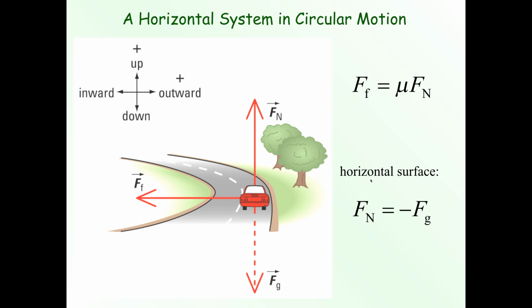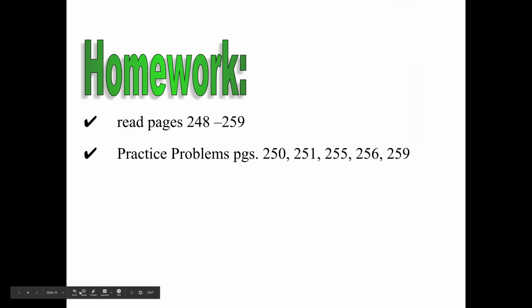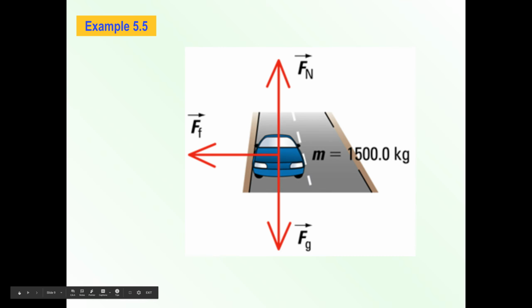For any horizontal surface, our normal force is equal and opposite to our force of gravity. So Fn is equal to negative Fg. There's an example on that on page 259 of your textbook on how to solve those problems, depending on what you're given.